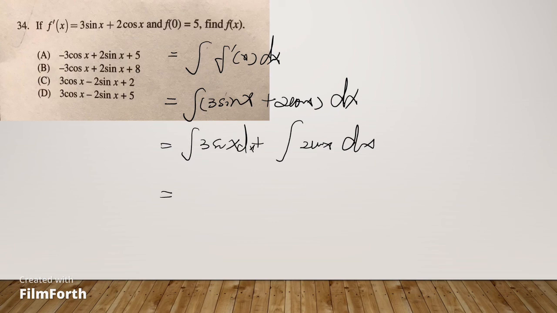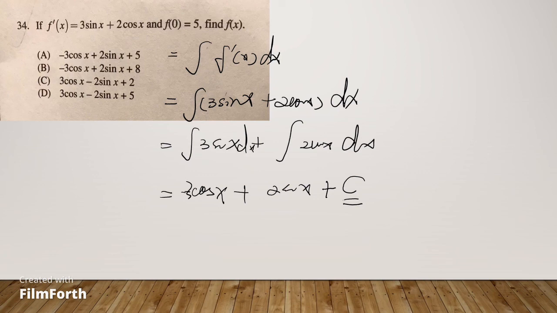So the first one is negative 3 cosine x plus 2 sine x plus constant. Don't forget the constant. And now we need to solve for the constant.